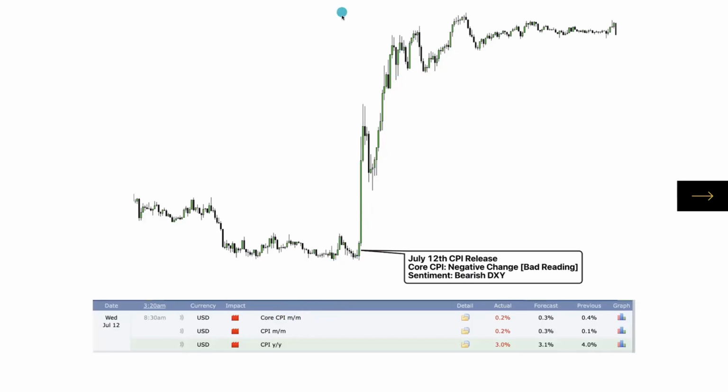Now you might say, Sean, if they are trying to move inflation down to 2%, for example, if inflation is 5% and they're trying to move it down to 2%, shouldn't a negative reading be good?